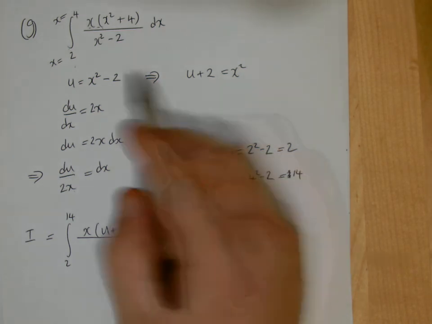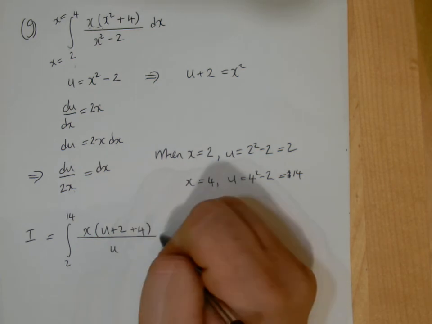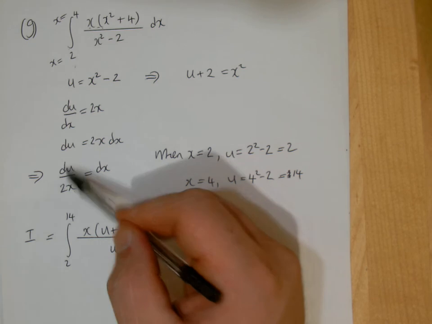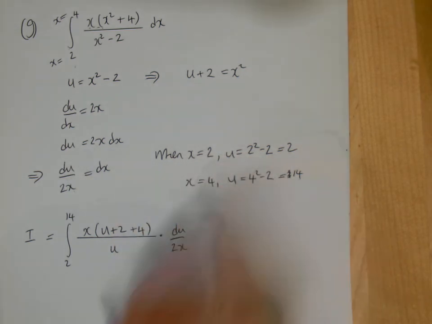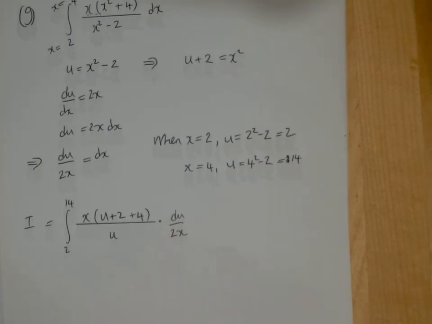On the bottom, x squared minus 2 just becomes u, and then you've got to times it by what dx is replaced by. So dx is replaced by du over 2x. Now looking at that, can you see where we could go next from here? What would be possible for us to do?